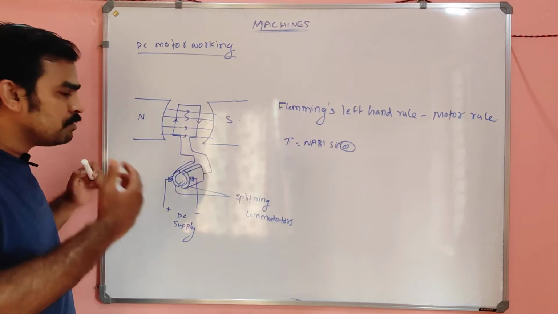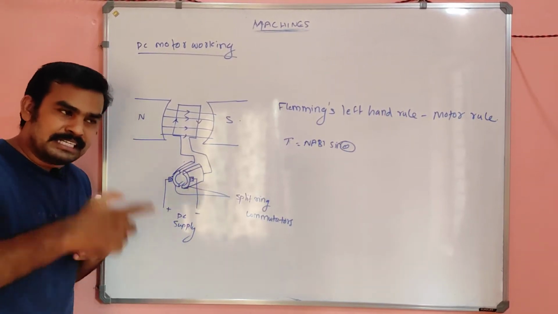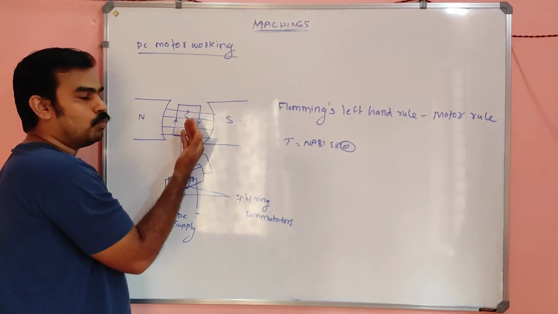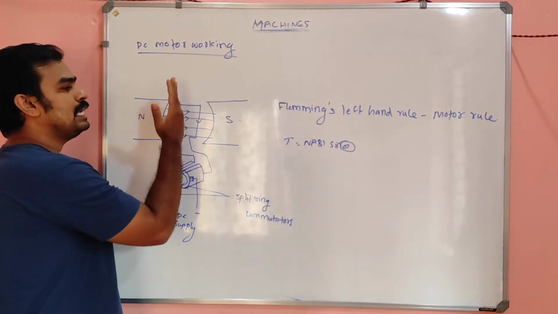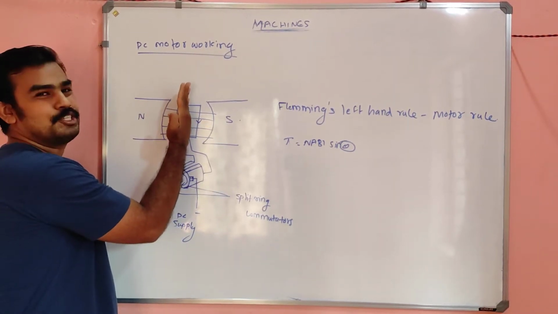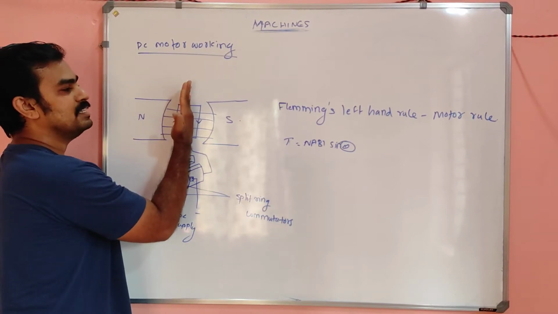So in order to reduce that problem, because we have to rotate the motor continuously, what we are going to do is place another coil mutually perpendicular to the first coil. Suppose a single coil is like this, another coil is placed like this.